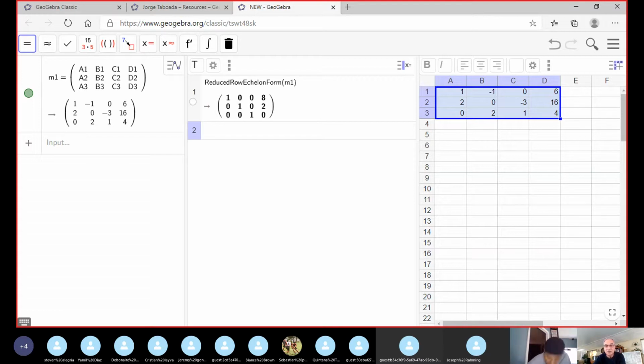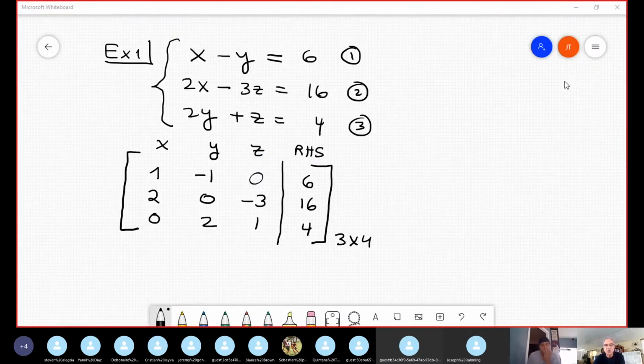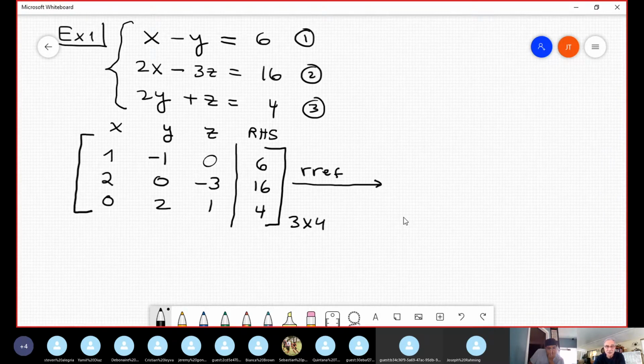In the test, you write the original matrix. You go to GeoGebra and you perform the function reduced row echelon form. This is the acronym frequently used in mathematical language for this function. And we get this answer.